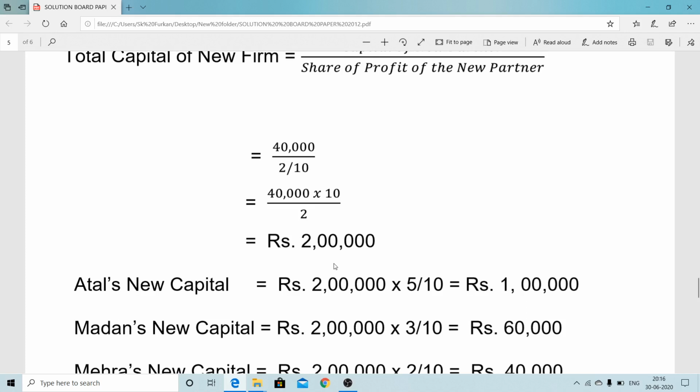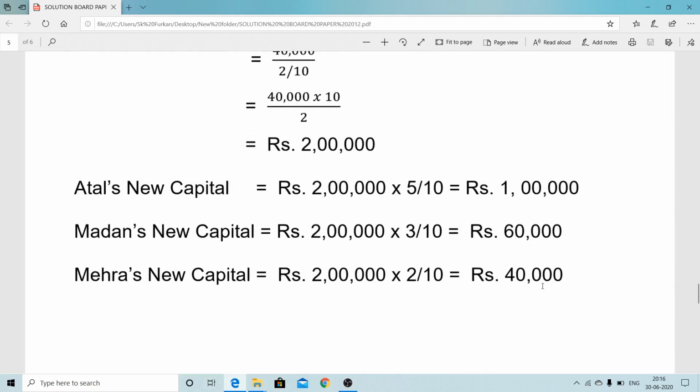Now the old partners want to make their capital on the basis of the new partner. The new profit sharing ratio is given as 5 is to 3 is to 2. So 2 lakh into 5 by 10, 1 lakh is Atul's new capital. Madan's new capital is 2 lakhs into 3 by 10, 60,000, and the new partner's capital is already provided.